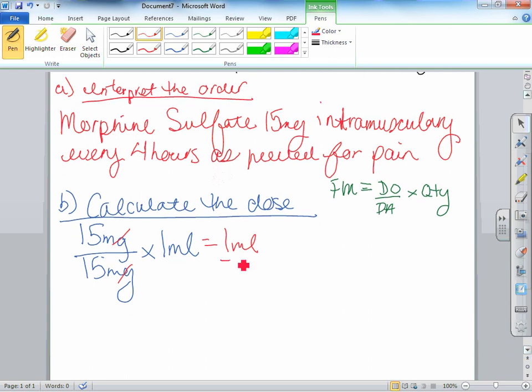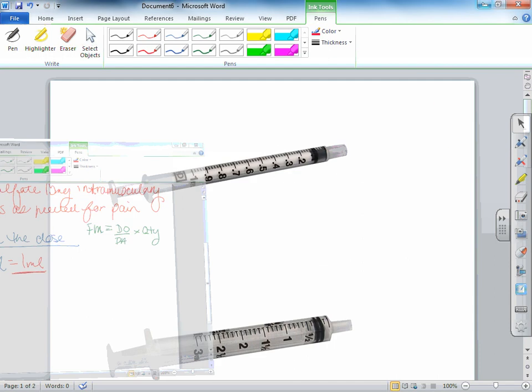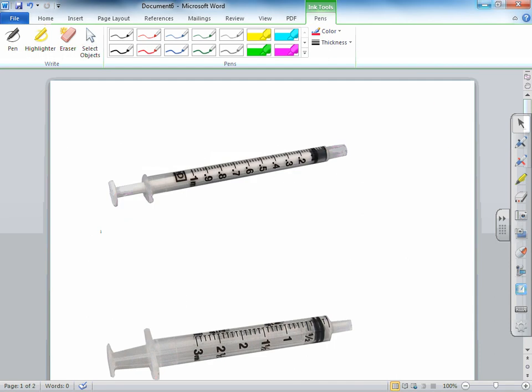All right, so I calculated my dose to be what? 1 milliliter here. All right, so as you can see, your next step is on a syringe. This is C. I just switched over to a new document, but it says choose the correct syringe and show the amount of medication on that syringe.